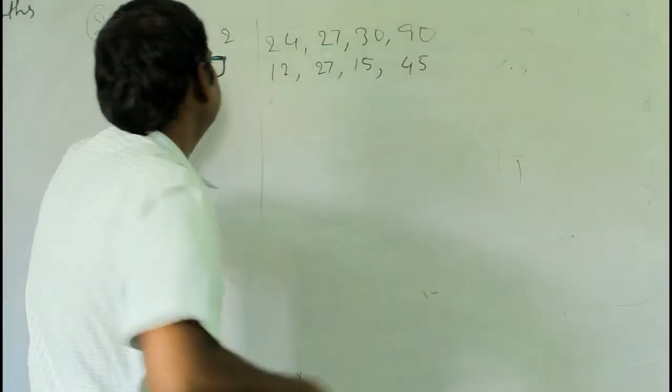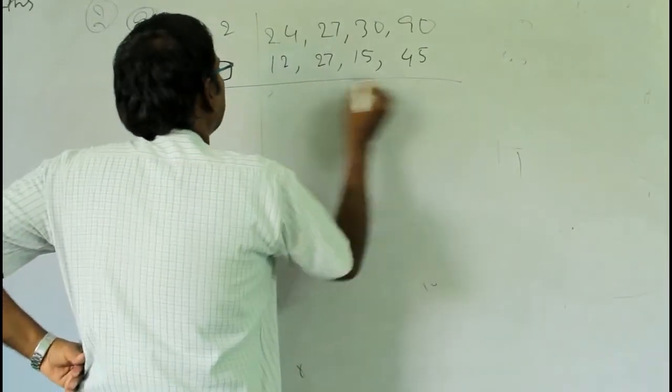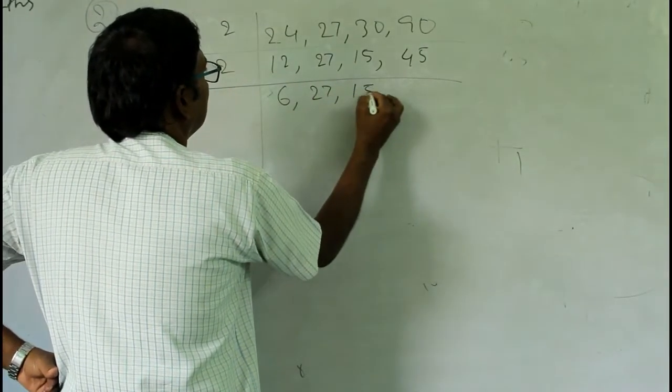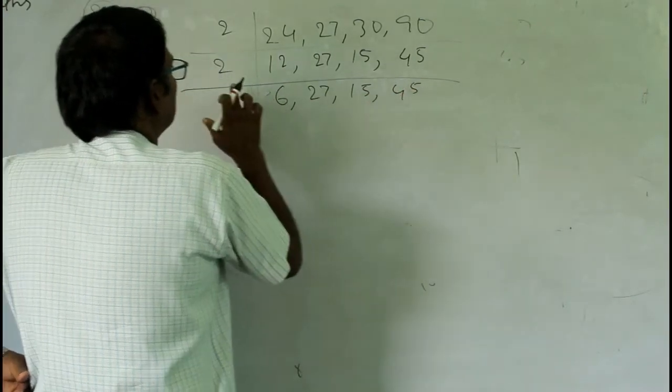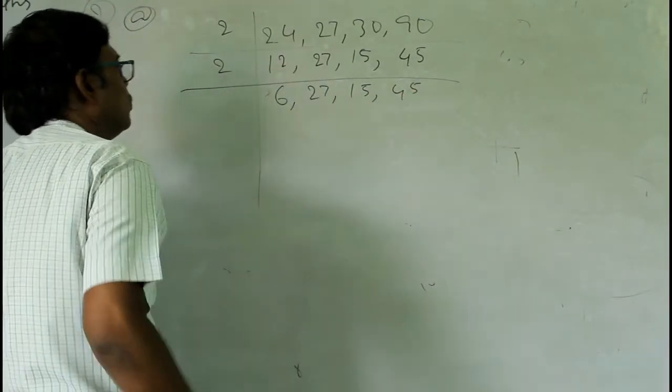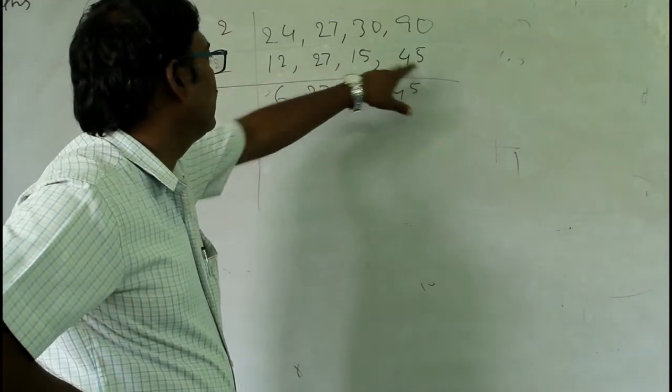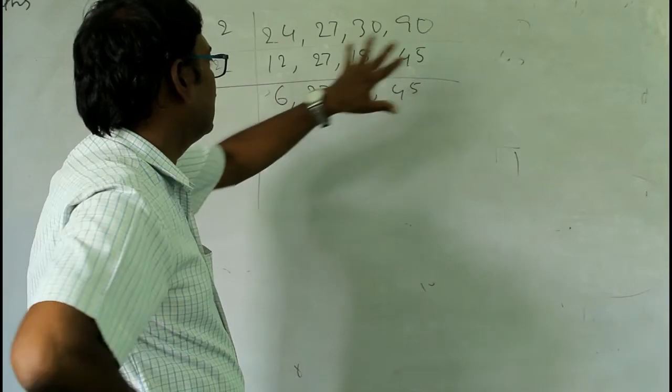So now next, 2 sixes are 12, then 27, then 15, and then 45. Okay, because this number will go by 2, so 2 sixes are 12 here, and these numbers are not divisible by 2, so we will write these numbers as it is.